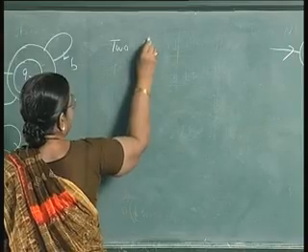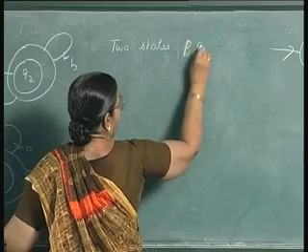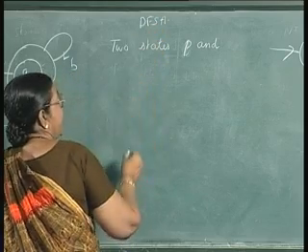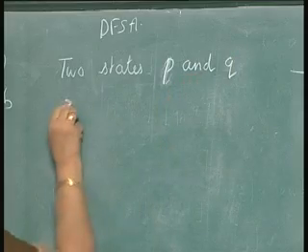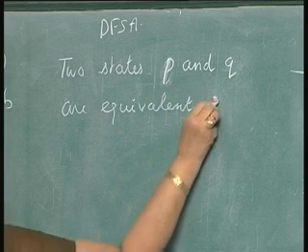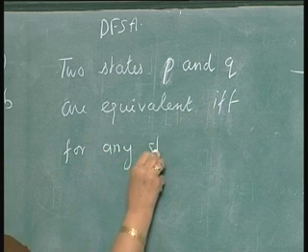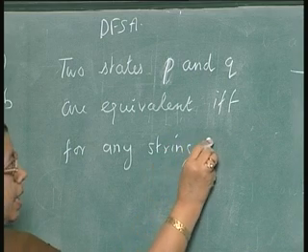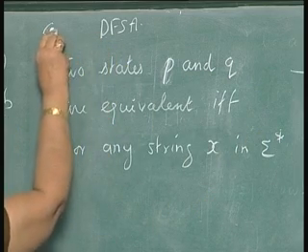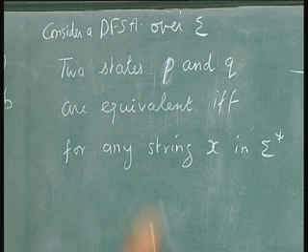Consider a DFSA for which the input alphabet is sigma.